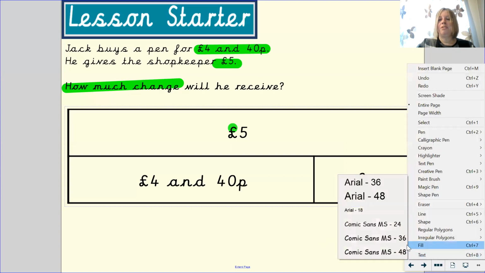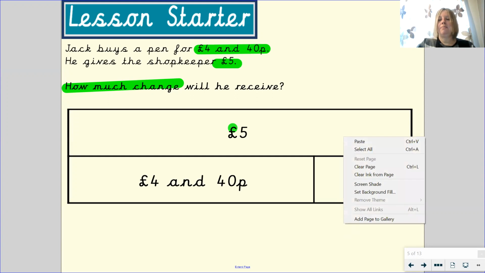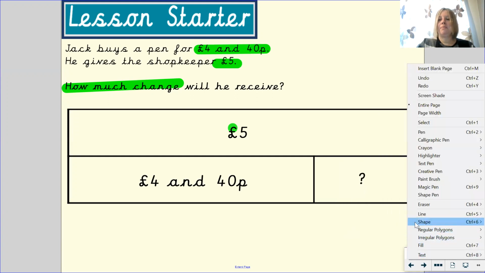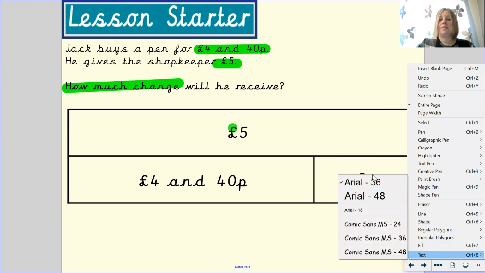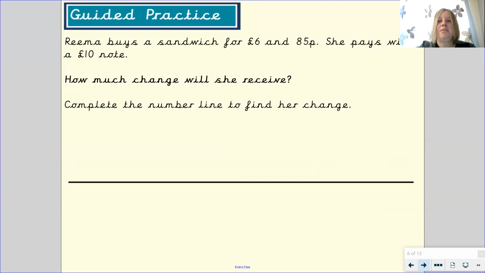So on my bar model, I would write 60p, and I would place that where my question mark is, because I know that £4.40 add 60p is £5. So altogether, Jack would get 60p change.